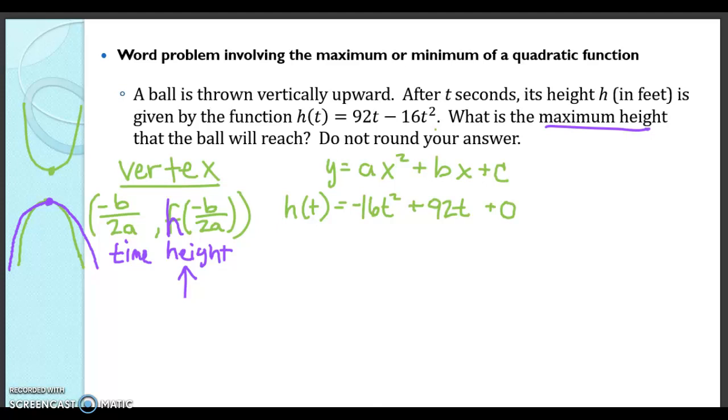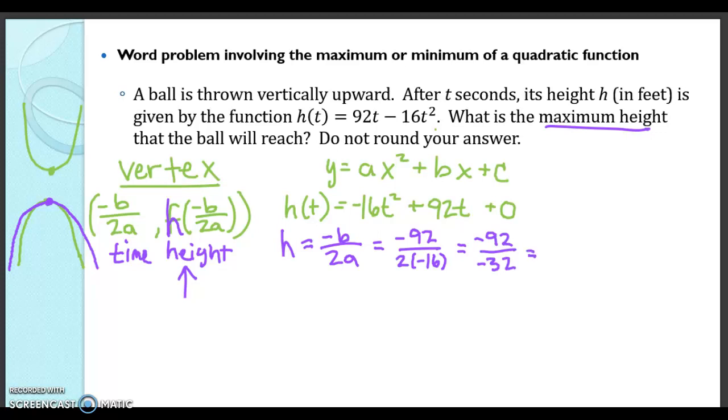So the x value of the vertex is equal to negative b over 2a, which is going to be negative 92 over 2 times negative 16, which is negative 92 over negative 32.